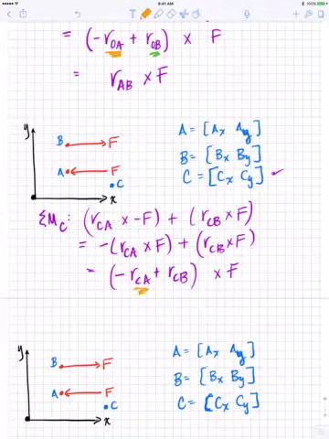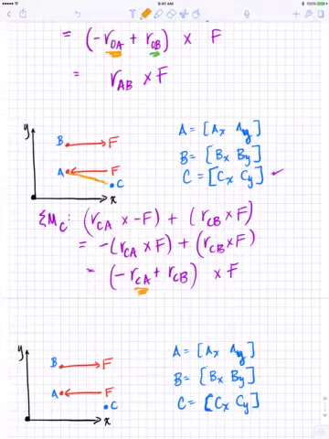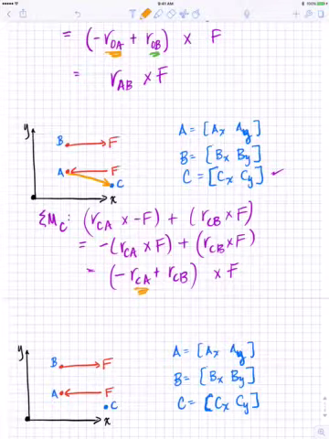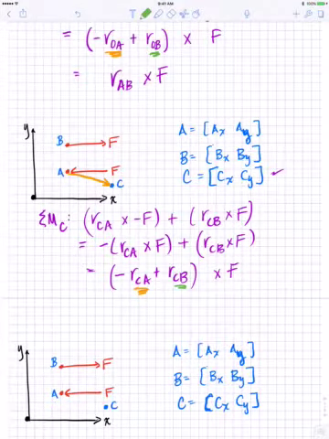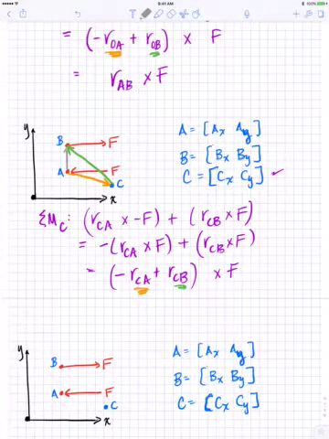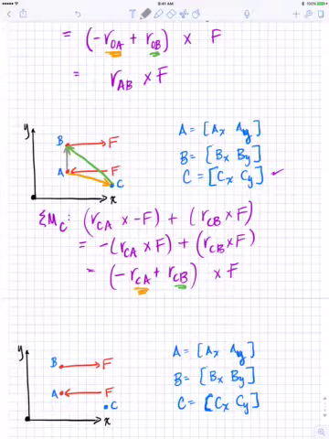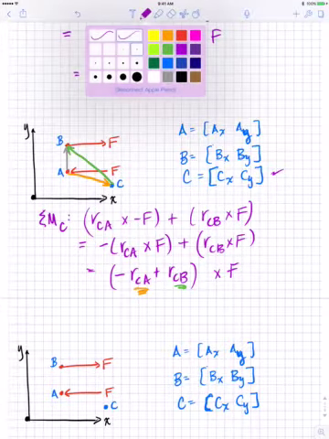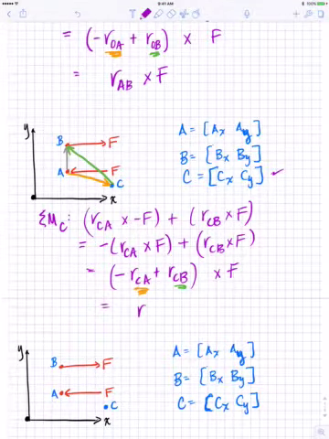So RCA is still this vector here, and then RCB, this one. Adding those up, I have to get that exact same vector back again, and that's because we're dealing with force couples.